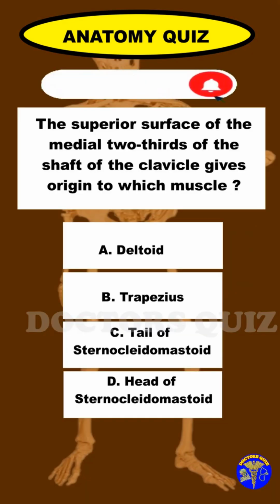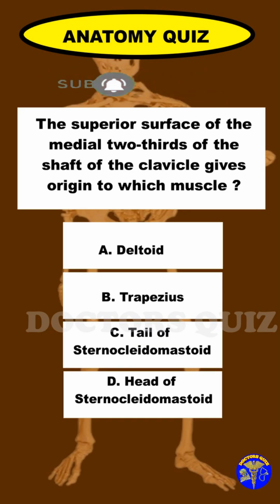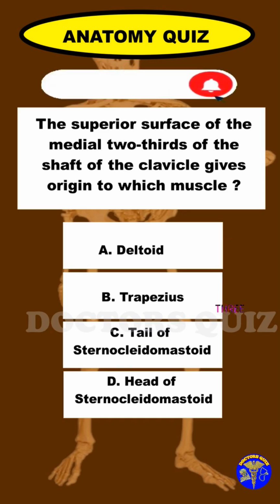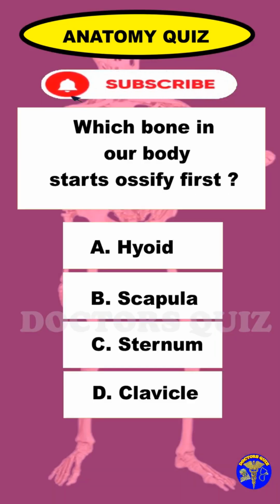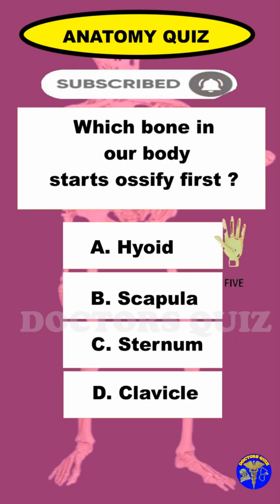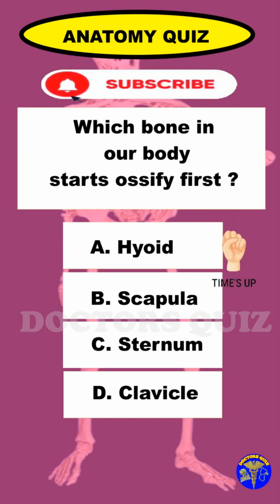stapes. The superior surface of the medial two-thirds of the shaft of the clavicle gives origin to which muscle? Head of sternocleidomastoid. Which bone in our body starts ossify first? Clavicle.